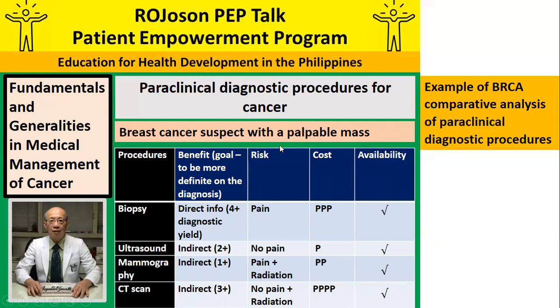In terms of cost, CT scan is the most expensive, with ultrasound being the least expensive, assuming that all are available. Then after this data are listed down, these are shown to the patients, and then the patient is asked what he or she prefers.